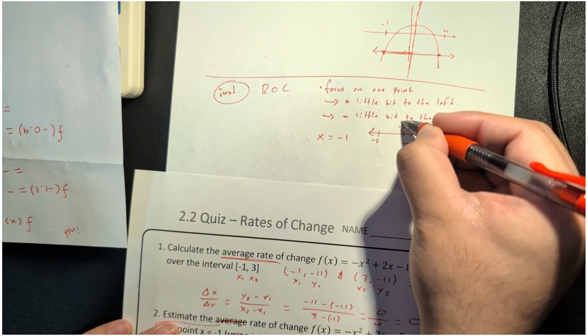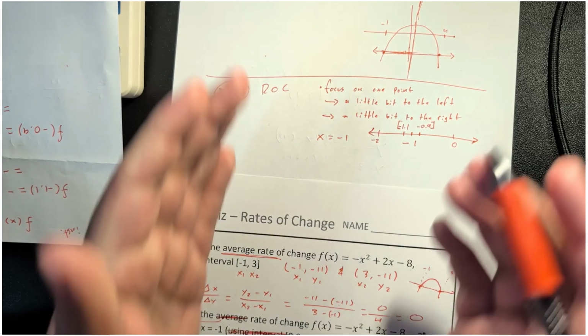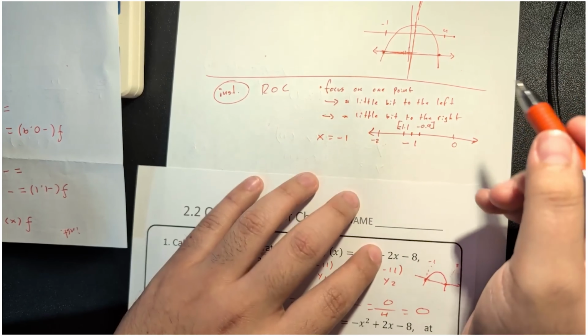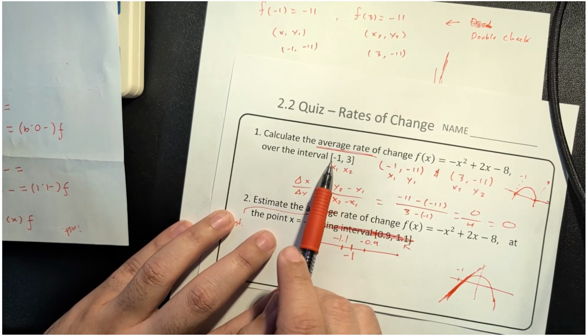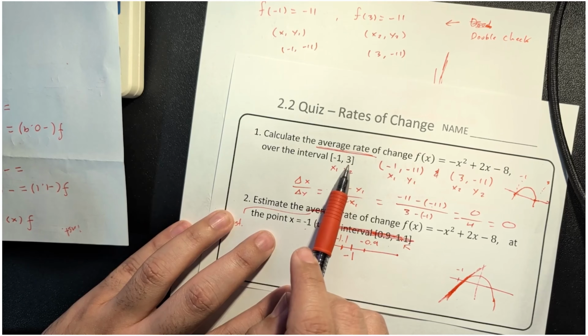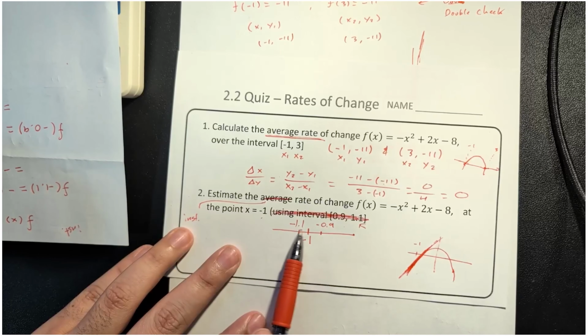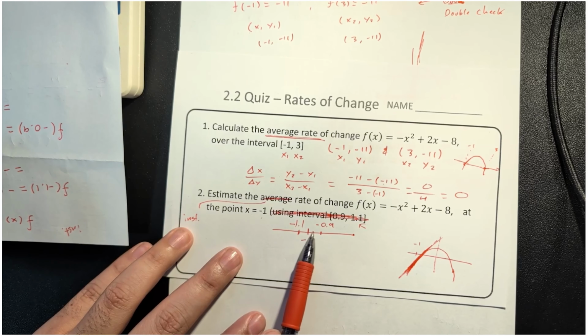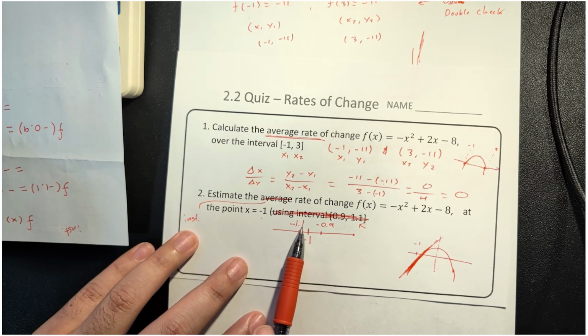This is what our new interval is going to be. We're going to take the average rate of change, but not of a big interval, like from negative 2 to 0, that's 4 whole units of interval. Here, we're going to take a tinier interval around this point, and we're going to calculate the instantaneous rate of change by getting it at smaller and smaller intervals.